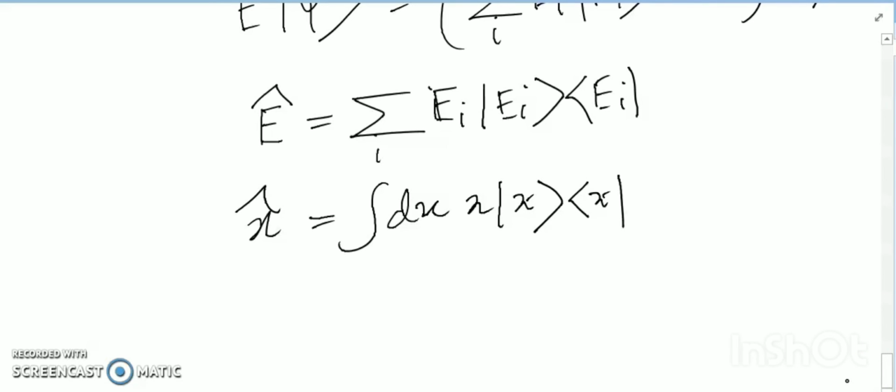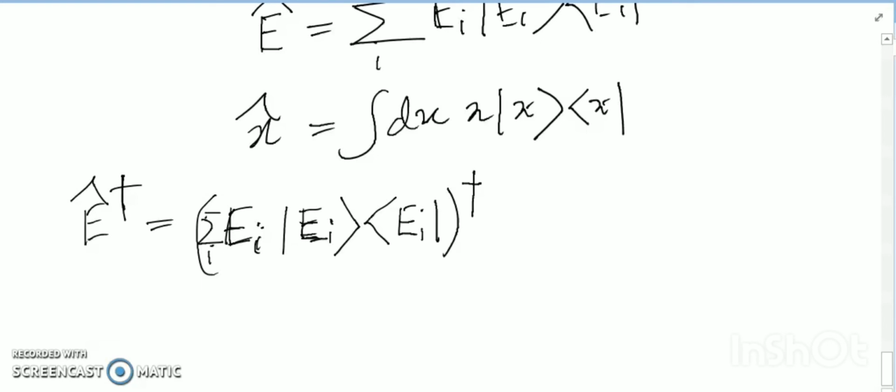So let's use this form of observable to see what its Hermitian adjoint is. Because our observable is Hermitian, it can be written as a summation. We'll do the discrete case here, but the logic is the same in the continuous case.